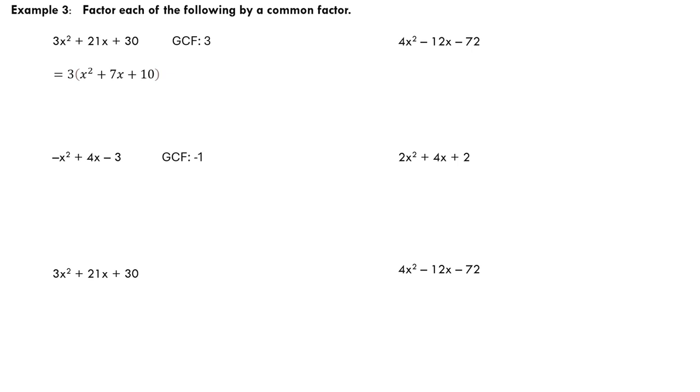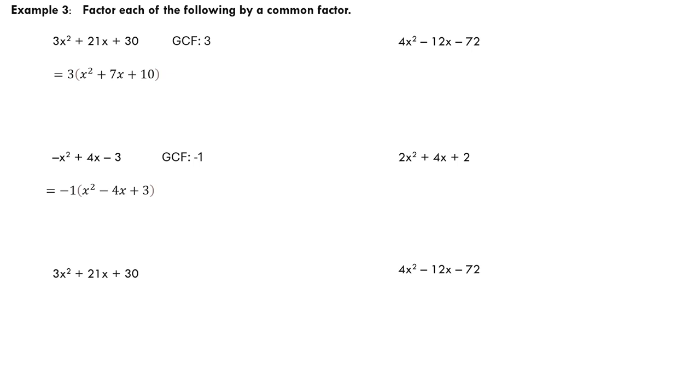For our next example, negative x squared plus 4x minus 3, the greatest common factor is negative 1. We put the negative 1 on the outside of the brackets, and then within the brackets, x squared minus 4x plus 3.